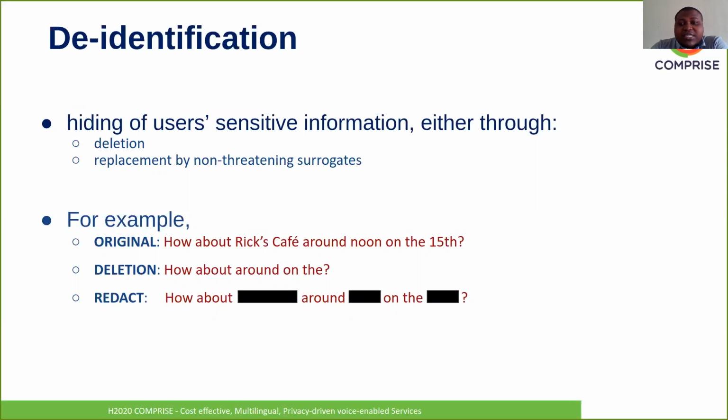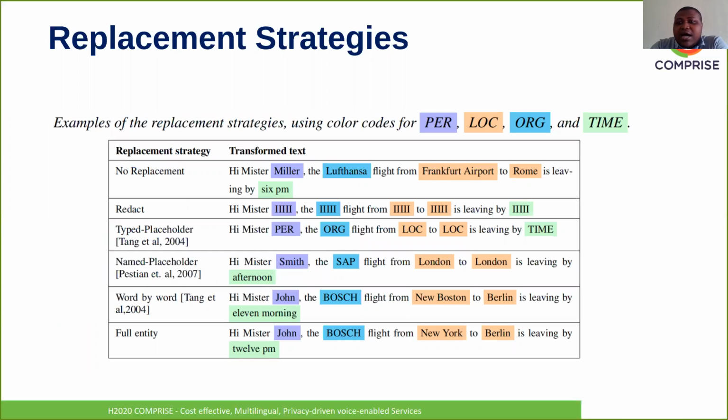So we can use the Redact approach where we blacken out all this information and at least we know the position where this information has been deleted. We can now explore other replacement strategies. For example, instead of just blacking it out, we can use some placeholder also for the Redact. And we can even categorize the sensitive information into different categories.